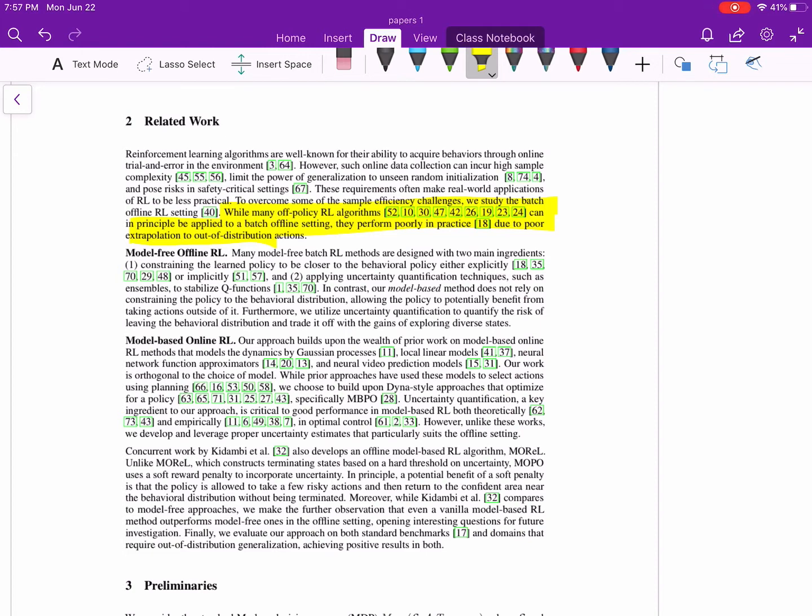The two ingredients which it uses are constraining the learned policy to be closer to the behavioral policy, which is again similar to imitation learning and comes in model free offline RL algorithms very implicitly, I guess, and applying uncertainty quantification techniques such as ensembles.